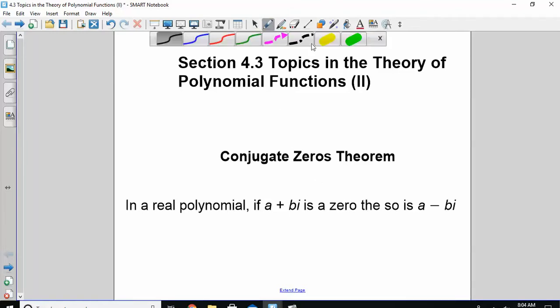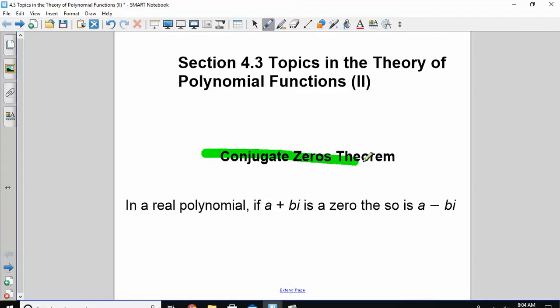The new piece, we have this conjugate zeros theorem. It tells us that in a real polynomial, that means you're looking at a polynomial and all the coefficients are real numbers, there's no i's in it anywhere. So all the polynomials we've looked at so far have been real. If you have an imaginary zero, its conjugate also works.